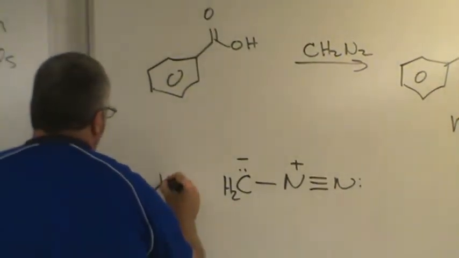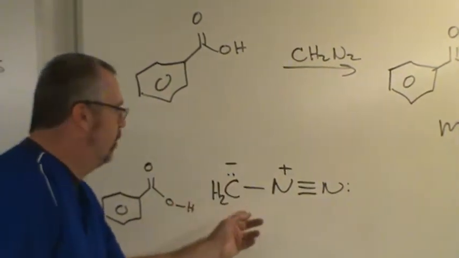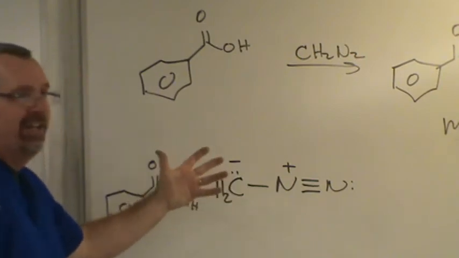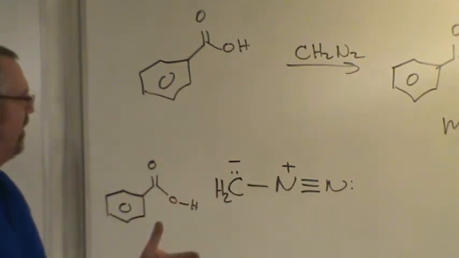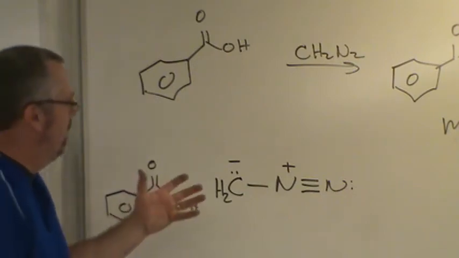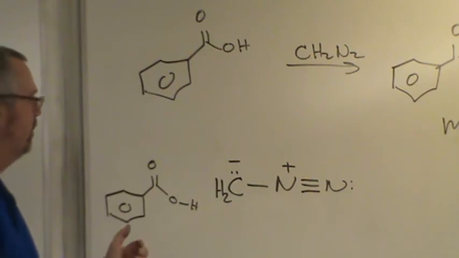I'm going to go back to my carboxylic acid here. And what I want you to notice is that in this particular resonance form of diazomethane, this methylene group out here has got this negative charge. Diazomethane is a funny compound in which this particular resonance form with two formal charges is in fact a very good one for the structure.